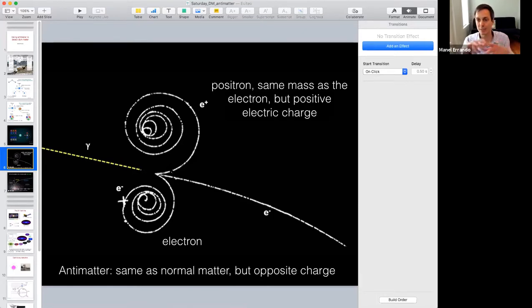Because this is a three-way collision, the positron and the electron may not be exactly symmetric in the amount of energy that each of them takes, but they have to share energy with the electron that was emitted. So it looks like the electron here took a little bit less energy than the positron here. That would be my guess about why they don't look exactly the same.